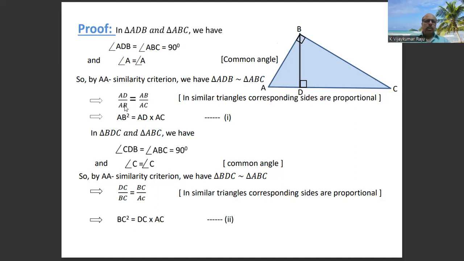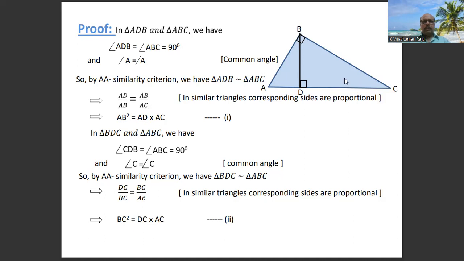So AD upon AB is equal to AB upon AC. Now let's cross multiply it. AB into AB is AB square is equal to AD into AC. This is your first equation. Let us number this as equation 1.